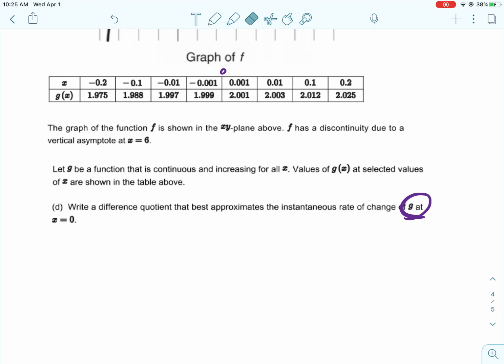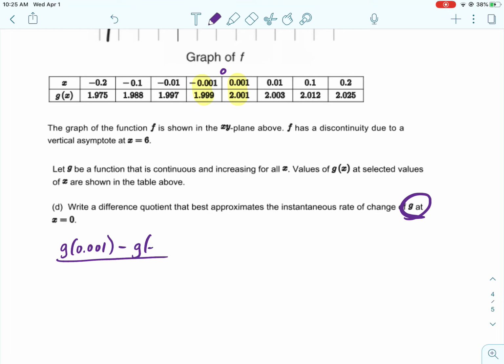There are several different ones you could use. 0 is right here, so 0 has to fall in between the points that you use. When I did it, I just went ahead and used the points on each side of 0 directly. That is not the only way to do this problem. You could really use any values in this table as long as 0 falls in between those points.